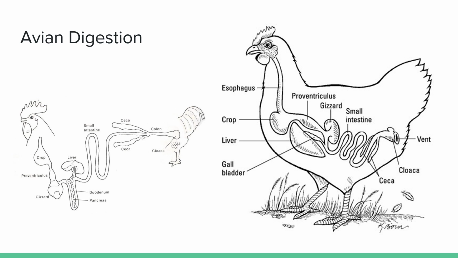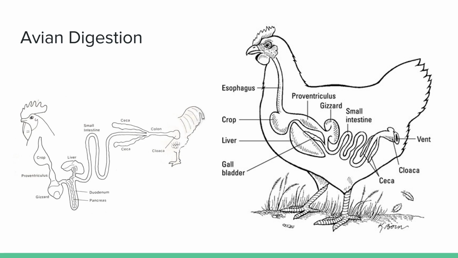And then we talked about our pseudo-ruminants, 3-chambered stomach animals, and we talked in depth more about our 4-chambered or true ruminants, being cows and goats and giraffes. Now we're going to end on avian digestion.